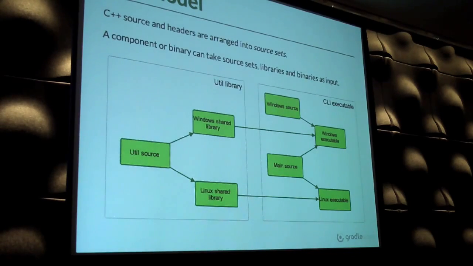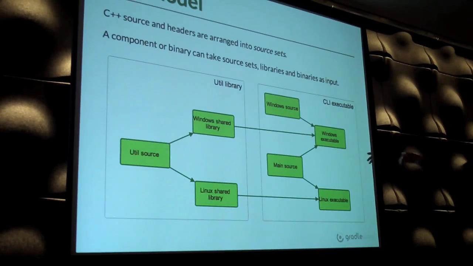So it's quite flexible. By convention, the plugins take a pretty specific view. You're just building one variant, for whatever the current platform is. But the underlying model is more flexible than that, so that we can build a whole bunch of different things for the same library or executable.